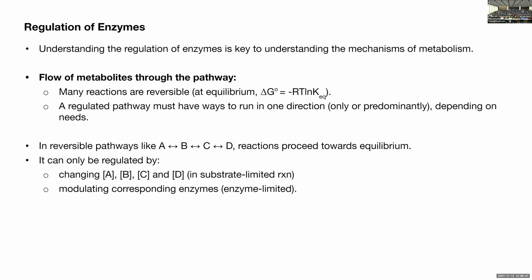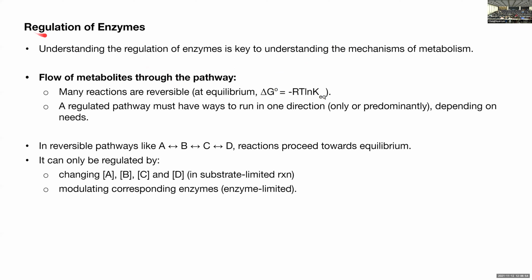They can at least boost the speed of the reaction at a state where it does not meet the equilibrium yet. And because these enzymes are important for the metabolic pathway, regulating enzymes is also really important, especially for understanding the mechanisms of metabolism.